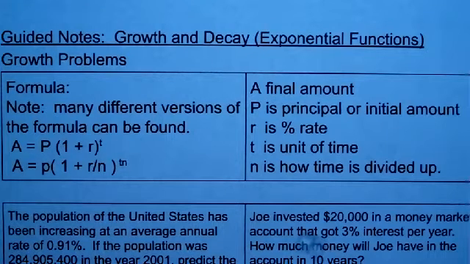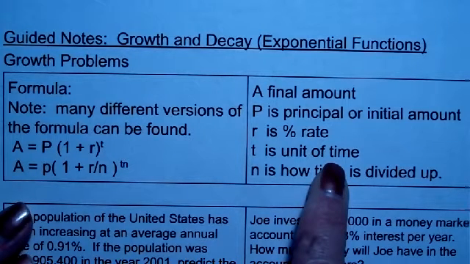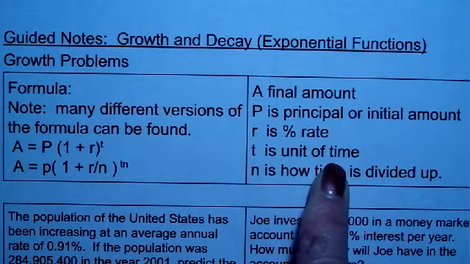Okay, that's your R. T is for time. Okay, this is going to occur over a certain time period. It might be minutes, it might be days, it might be weeks, it might be years. Okay, it will have a time unit on there. T is for that time.